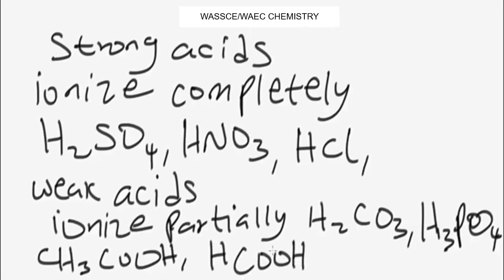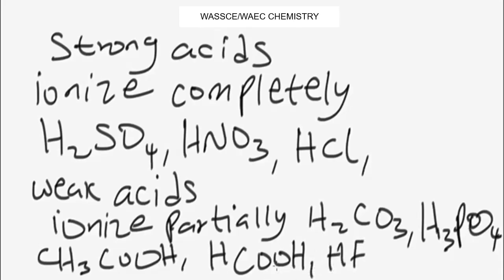So these are examples of weak acids in chemistry. Note that most organic acids, apart from ethanoic acid and methanoic acid, are weak acids. Another example of a weak acid is benzoic acid. We also have hydrofluoric acid, whose chemical formula is HF. These are examples of weak acids.